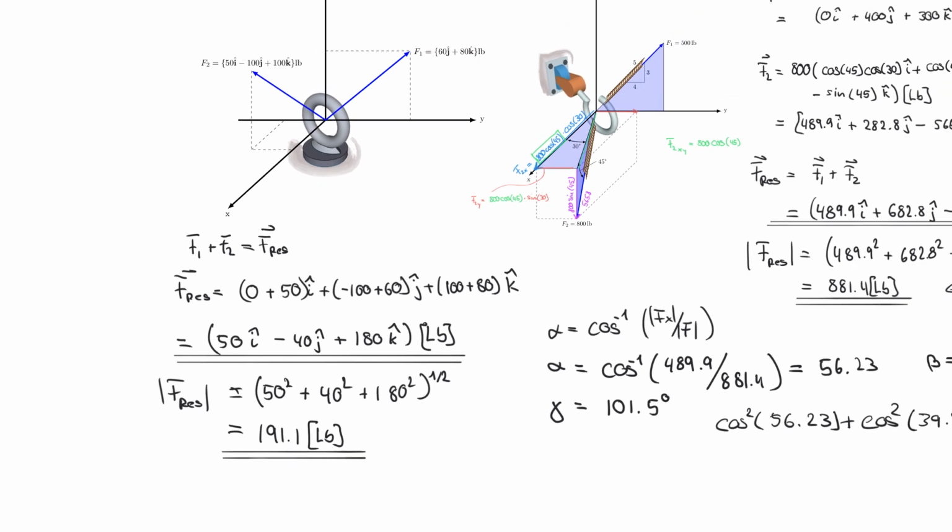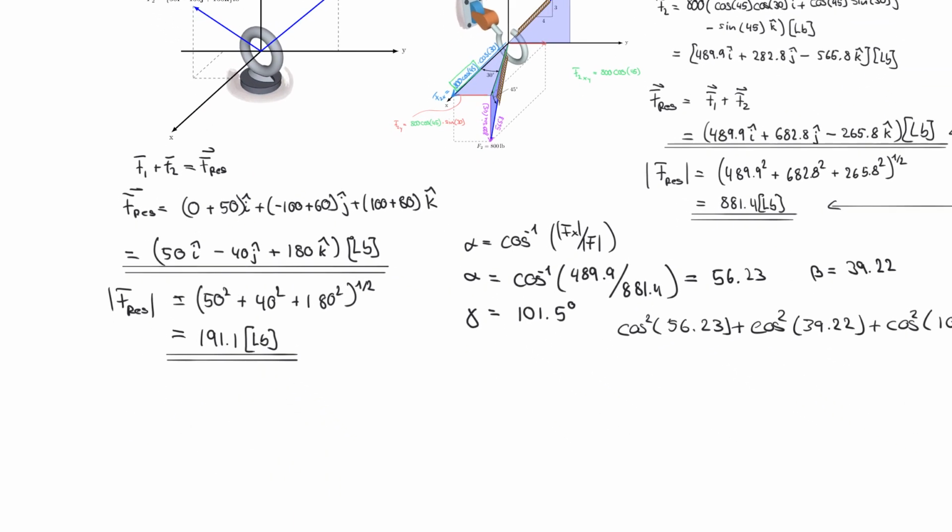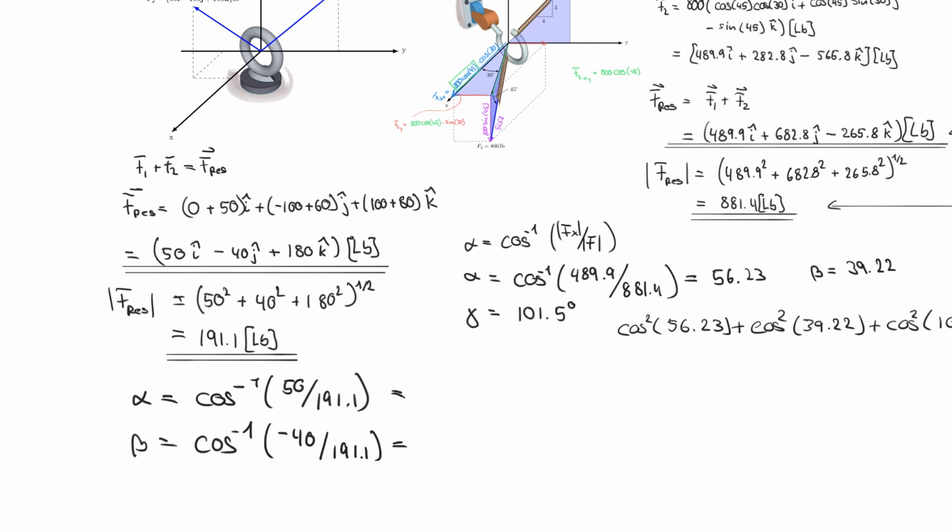And last but not least, I need to calculate my angles. So alpha would be equal to cosine inverse of 50 divided by 191.1, whereas beta is equal to cosine inverse of, be careful, it's a negative 40 divided by 191.1, and that will cause a very different result, similar to what we've seen before.